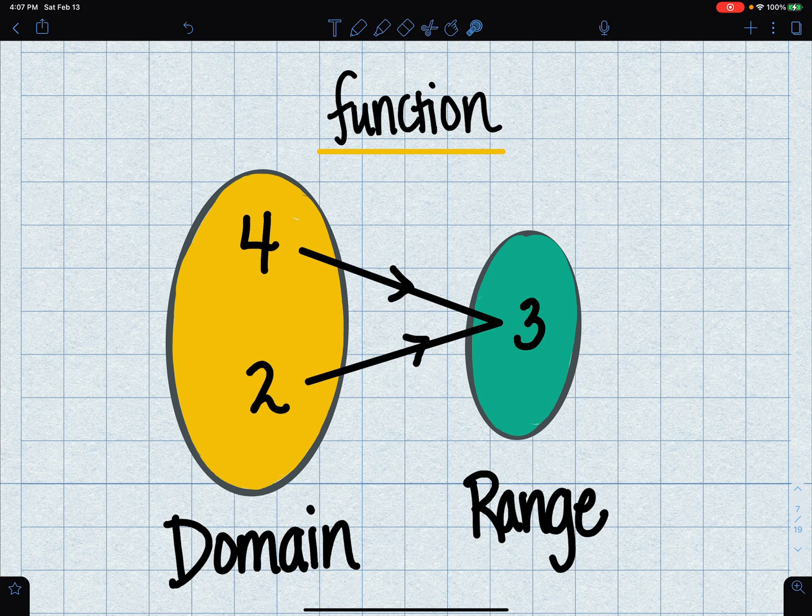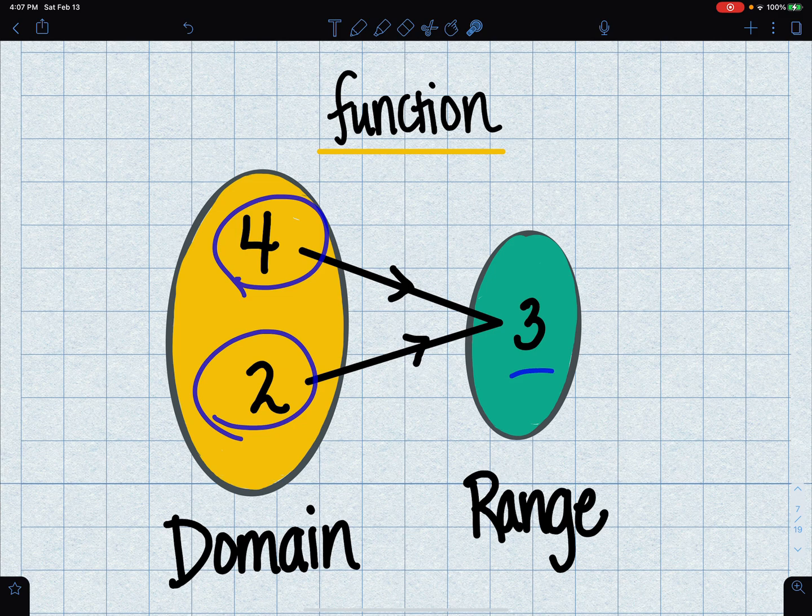Because maybe it's a vending machine that only sells Coke, right? And maybe you can put money in a couple different ways, like you can either put in 4 quarters or you can put in 2 50-cent pieces, whatever. Either way, you're going to get your Coke, and it doesn't matter what you put in, you'll get your Coke, and that's fine. So that is still a function because you know what you're getting.